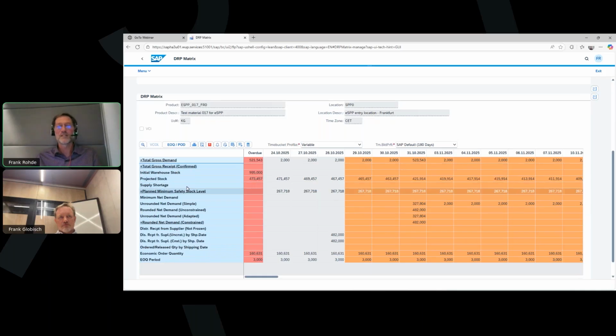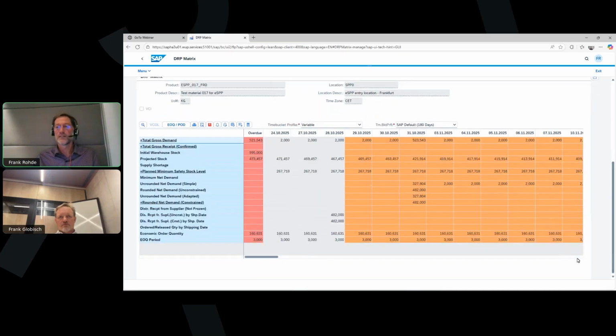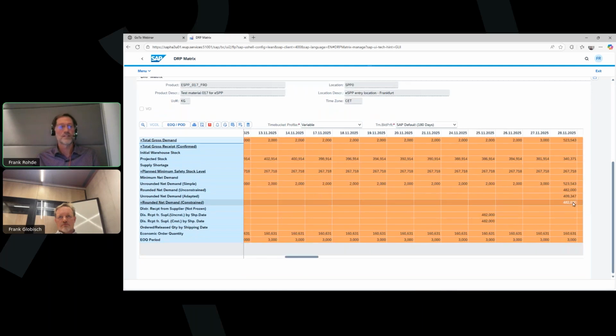And the system is calculating based on the demand and the initial stock when we need to order. So in this case, we need to place an order, or we want to have materials on the 31st of October. And if we scroll to the right, we see even more orders that we need.